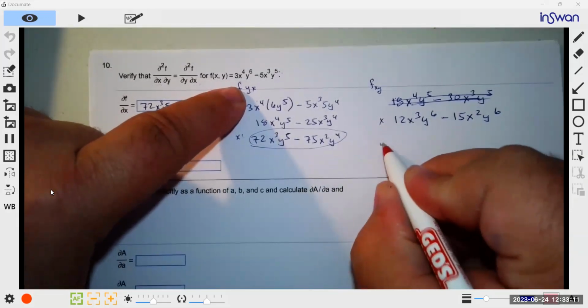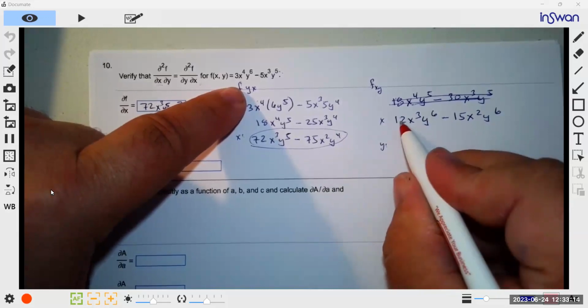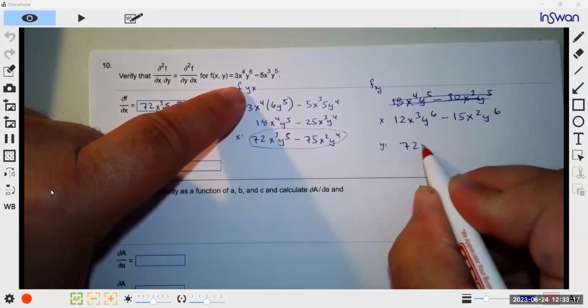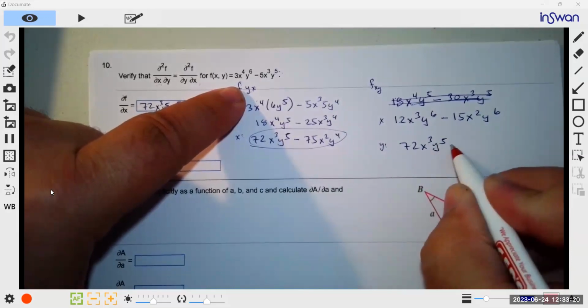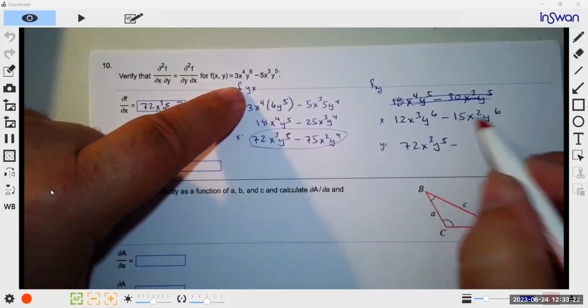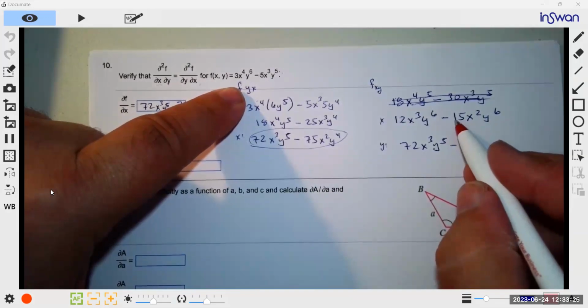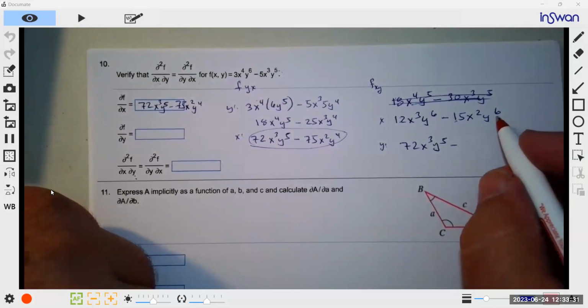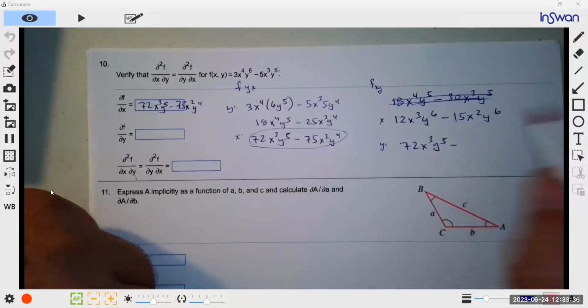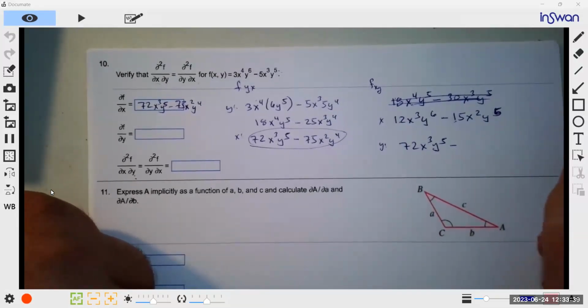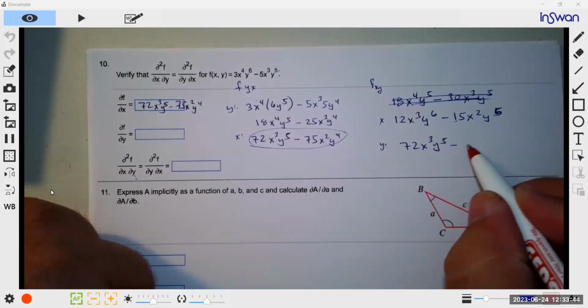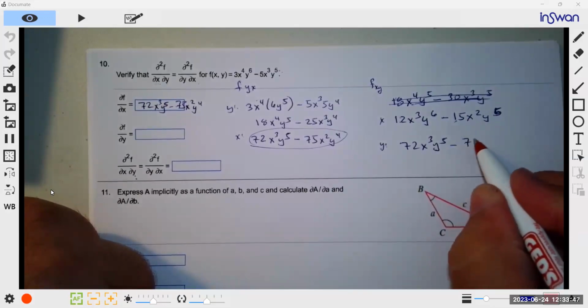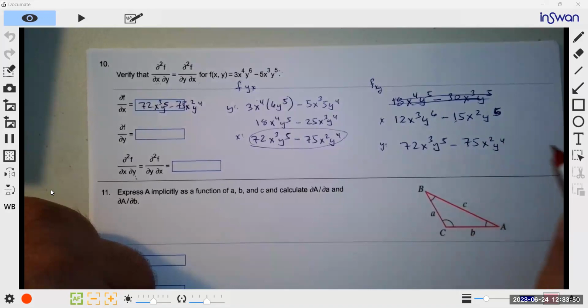Now with respect to y. It's 12 times 6, 72, x cubed, y to the fifth. 5 times 15 is 75, x squared, y to the fourth.